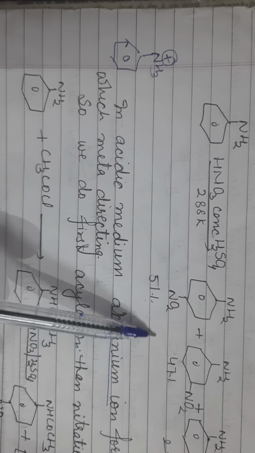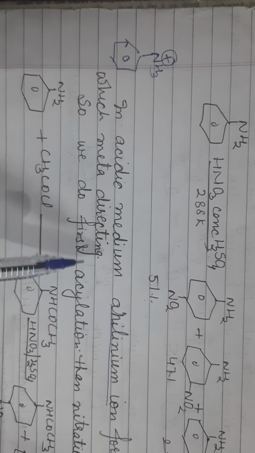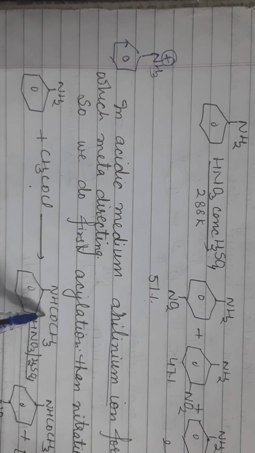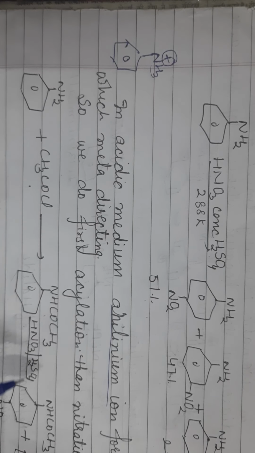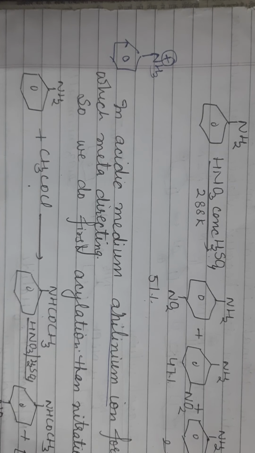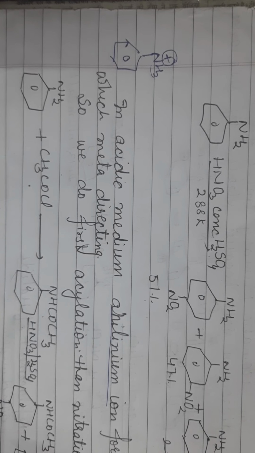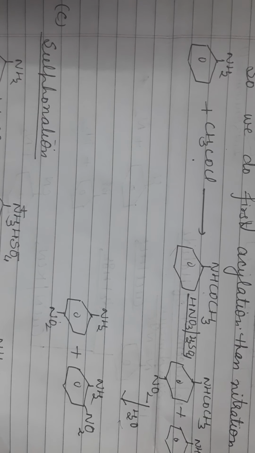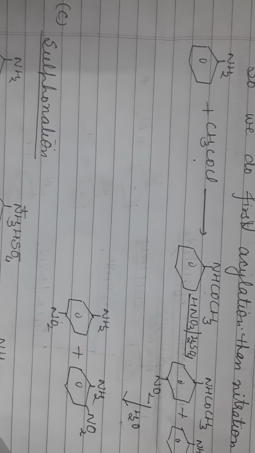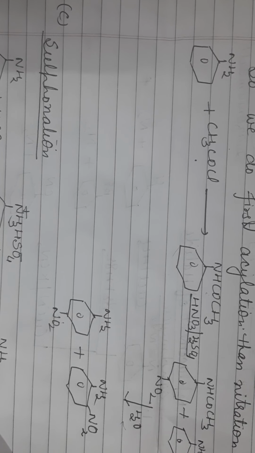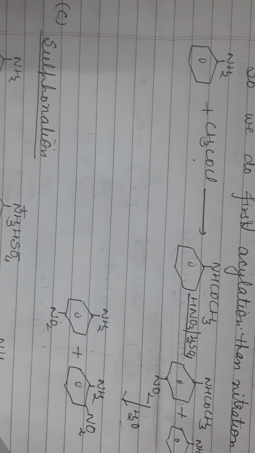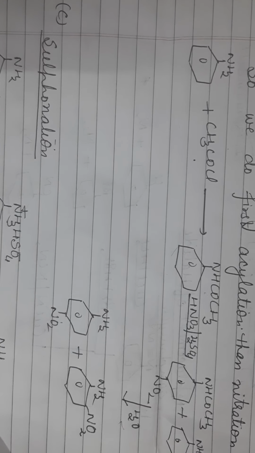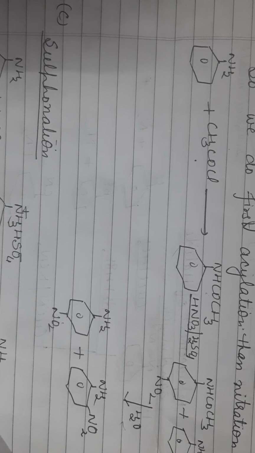To avoid this meta product, first we do acylation of aniline, then we do nitration and then hydrolysis, and then we get ortho and para nitroaniline, which we want to prepare. So aniline undergoes acylation, then nitration, and then hydrolysis to obtain orthonitroaniline and paranitroaniline.